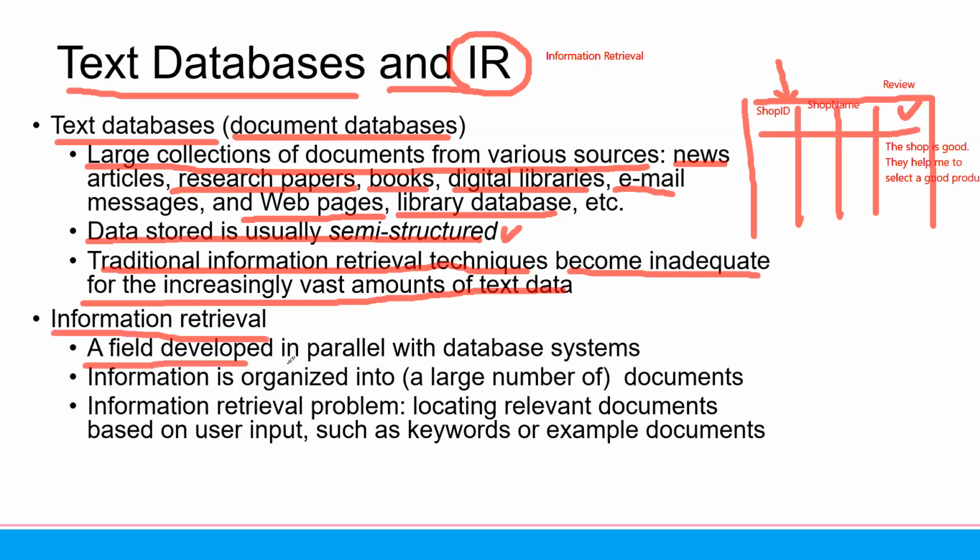It is a field developed in parallel with database systems, and the information is organized into a large number of documents. The information retrieval problem, for example, is to locate the relevant documents based on the user input.